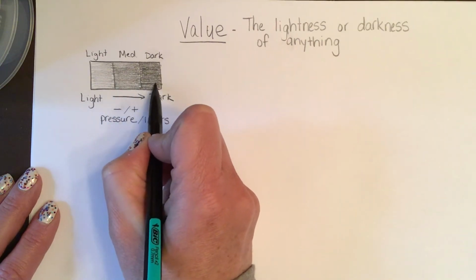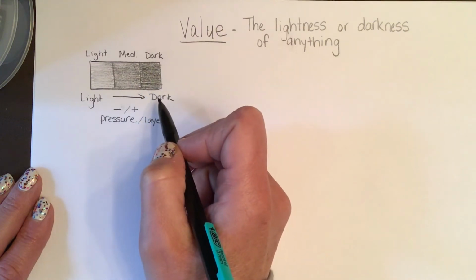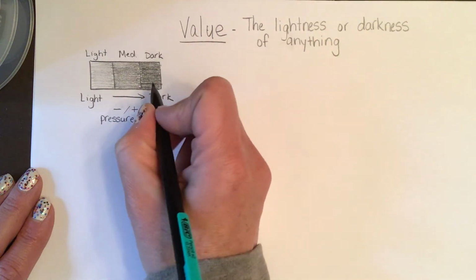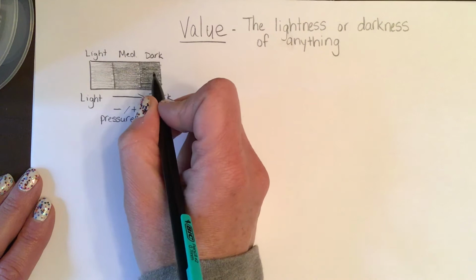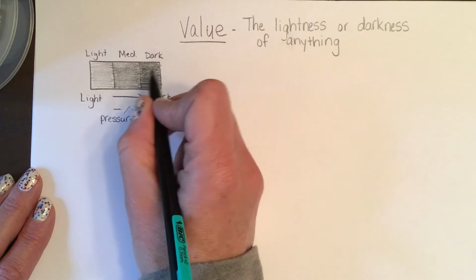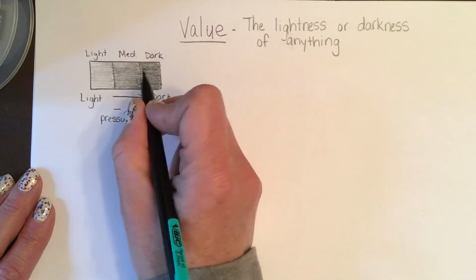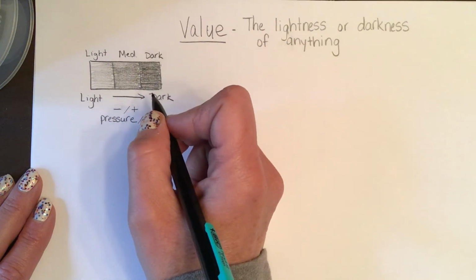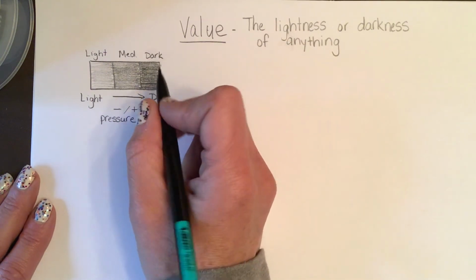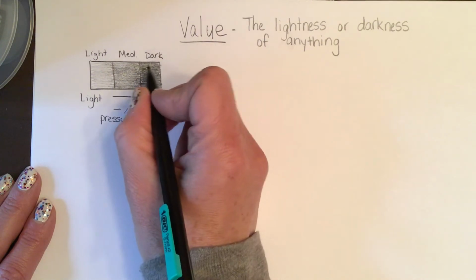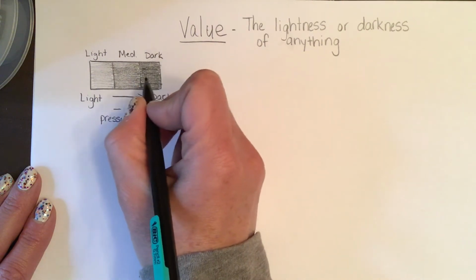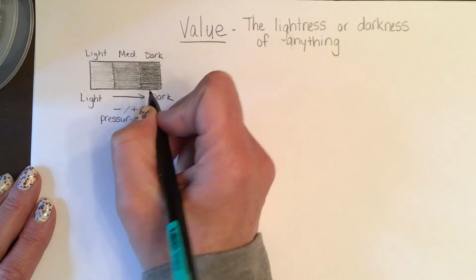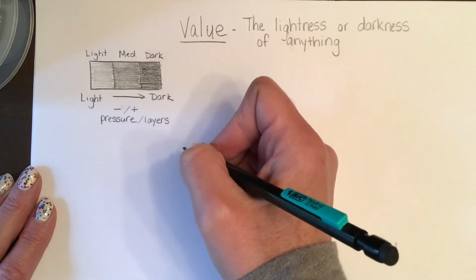For my 3rd box, where I made my dark value, I went to the front of my pencil. I didn't put too many layers because I would have to sit here and do 1 layer, 2 layers, 3 layers, 4, and on, and that would be very time consuming. So what I really did was use more pressure to create my darker value, and I pressed harder on my pencil to make it look dark.